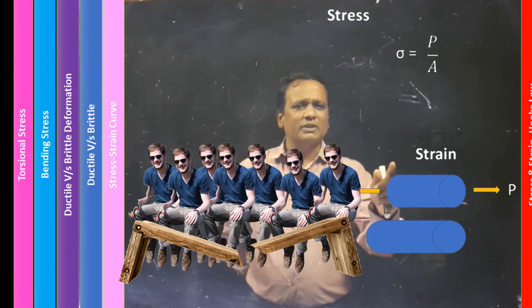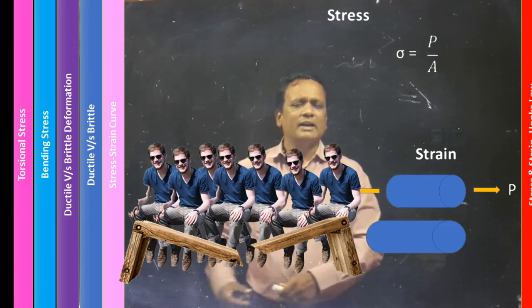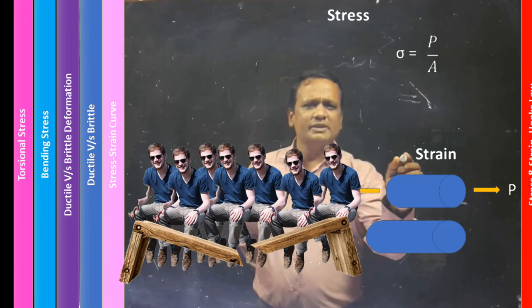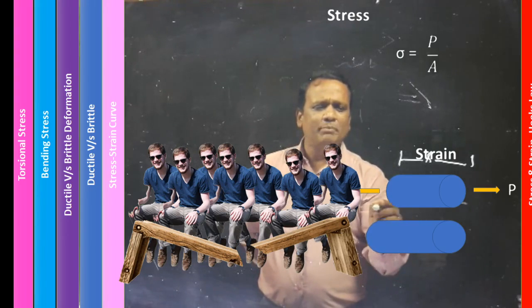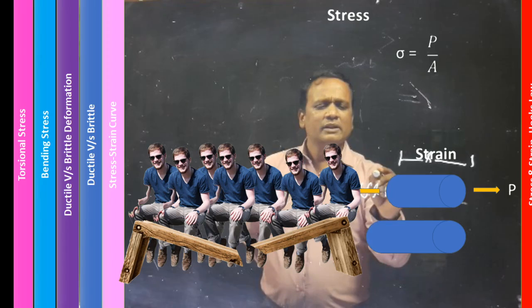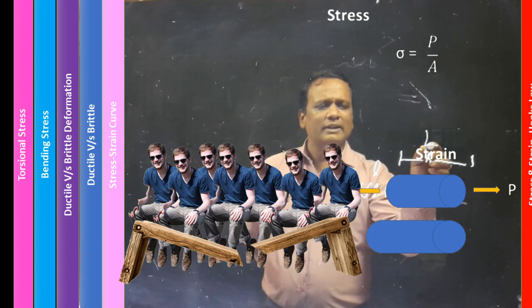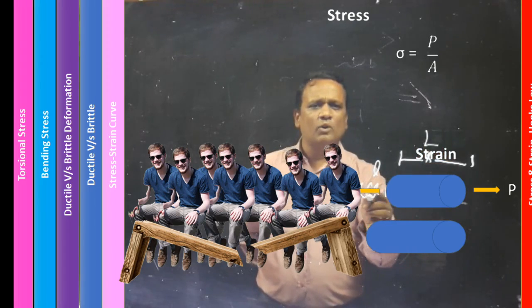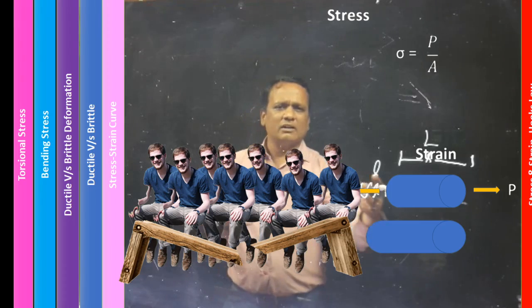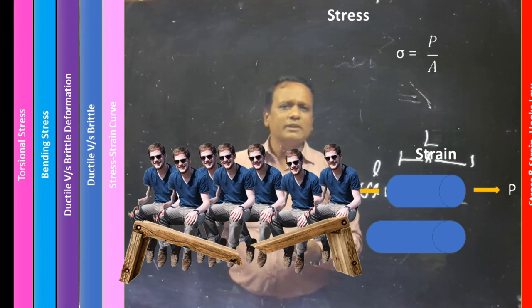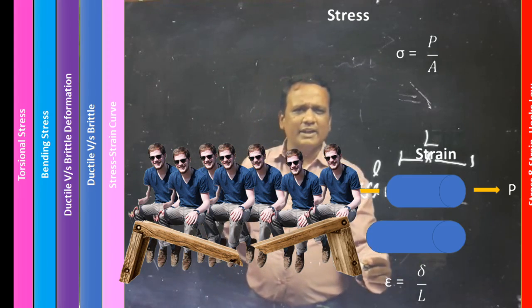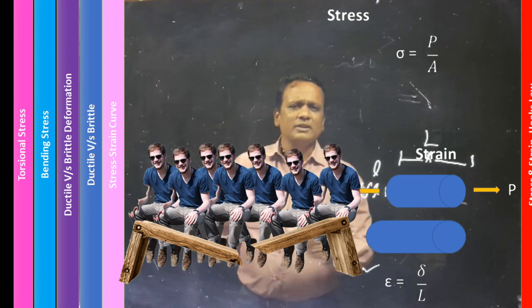Imagine the original bar has a length of capital L, and the deformed bar has an extra length, a small l, or delta L. Capital L is the original length of the bar, and small l is the difference, or the deformation taken by the bar when it has a tensile pull all across. So the equation we get is strain equals change in length divided by original length. This is how to correlate stress and strain.